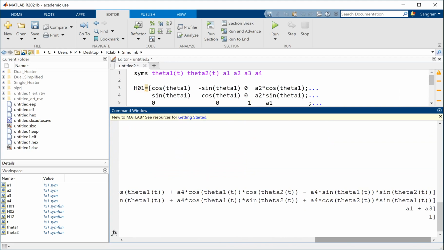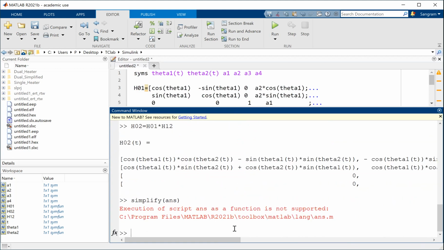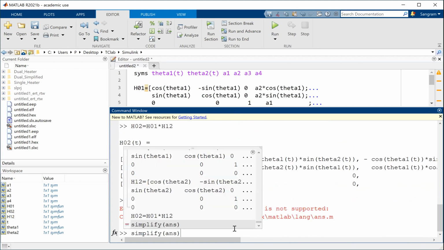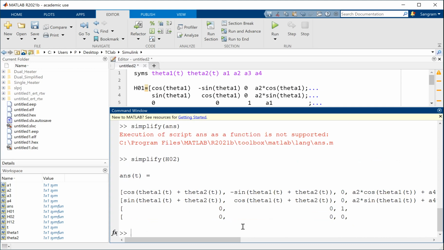You can actually simplify, and you will realize that this is the exact same solution that we have.